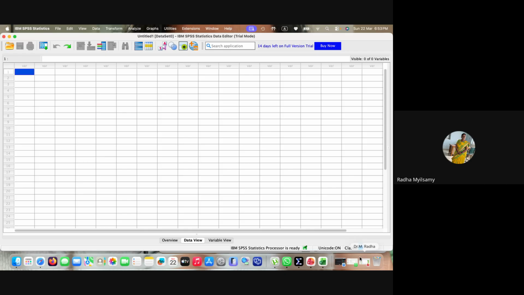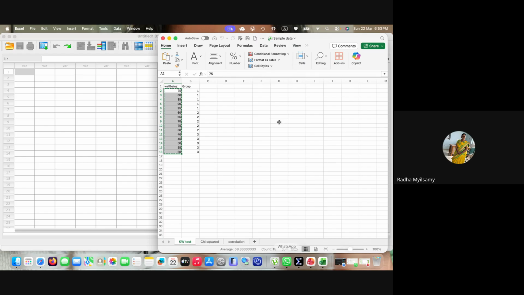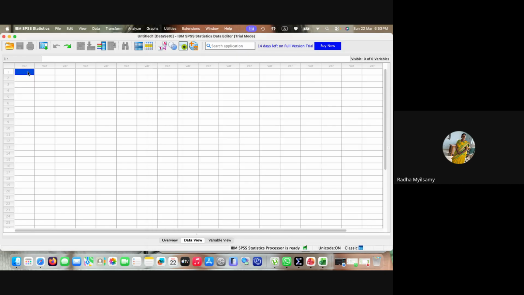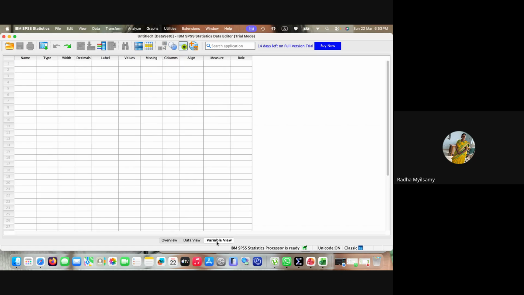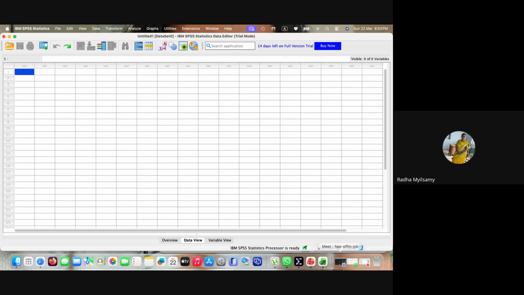We may have copy and paste options. It is not copying; it is a trial version. So I simply type. There are views available: data view and variable view. Here we specify our variable details. So first I will type the values.